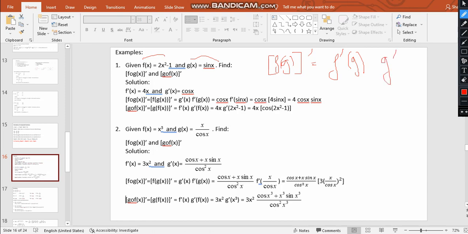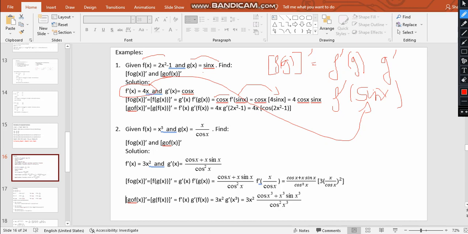G prime is very easy, cosine x. I want to find f prime of g. G in this example is sine x. So what do we do? We go to f prime, that you have it here. You replace x by sine of x. So instead of saying 4x, it will be 4 sine x. So it's 4 cosine x sine x.